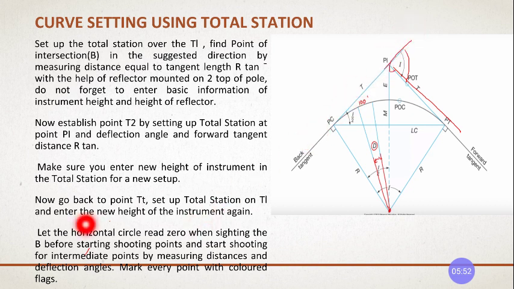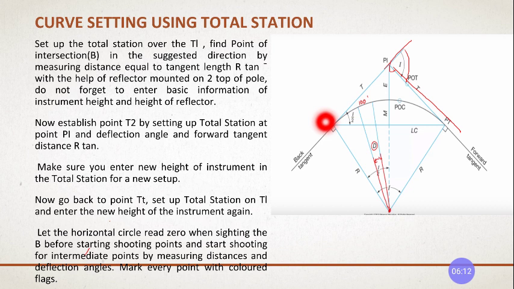Before you start shooting the intermediate points, by measuring the distance and deflection angle, every point is to be marked with a red flag. So what you're going to do is, from this point, you know the deflection angles of each line.